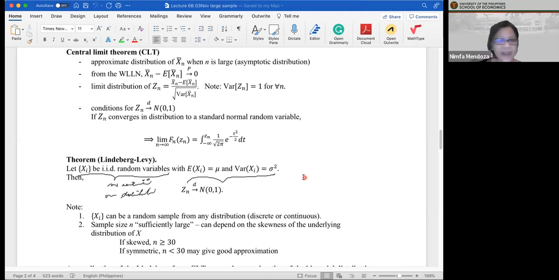The x sub i's need not be normal, but they should be coming from populations with the same mean and variance. So a sufficient condition for this would be if you are sampling from the same population. Then it follows that C sub n, as defined here, converges in distribution to the standard normal distribution.